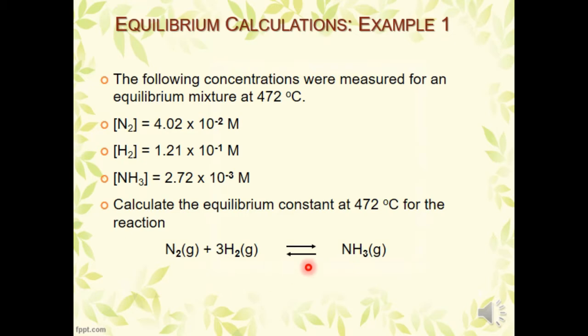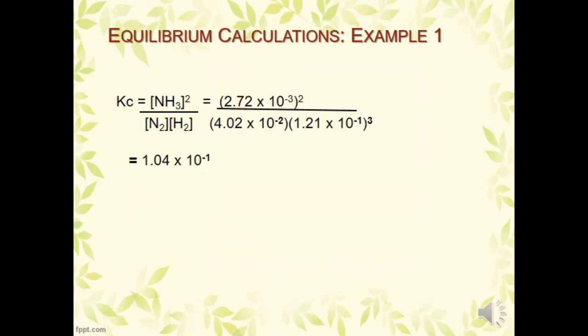So write the expression for this reaction and then substitute the equilibrium concentrations into the expression to find Kc, the equilibrium constant. When substituting, do not forget to write the coefficient as the power. So the Kc value will be 1.04 times 10^-1. Note that it has no unit, because it's a constant.